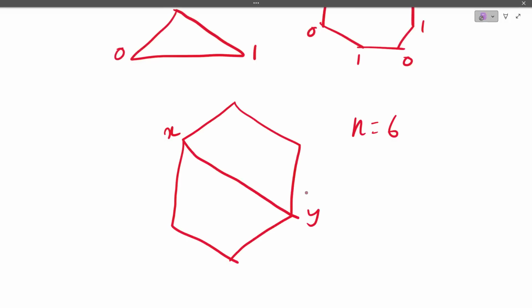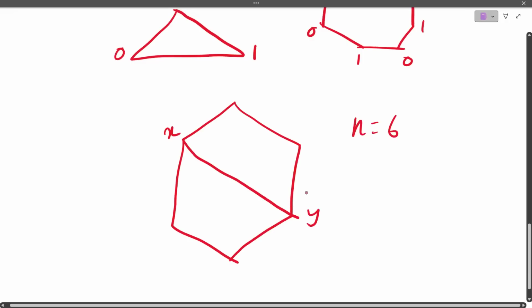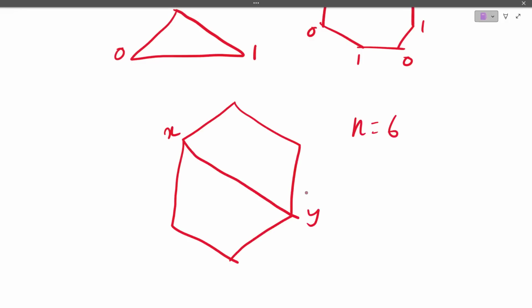For pure cycles, we knew how to solve the problem, right? But how do we solve the problem for these cases when there is an edge between x and y? So you realize that when you add an edge between x and y, you basically break the original cycle into two different cycles. And these two different cycles are pure small cycles. And we can actually use our previous idea to find the solution for these two cycles and then merge.